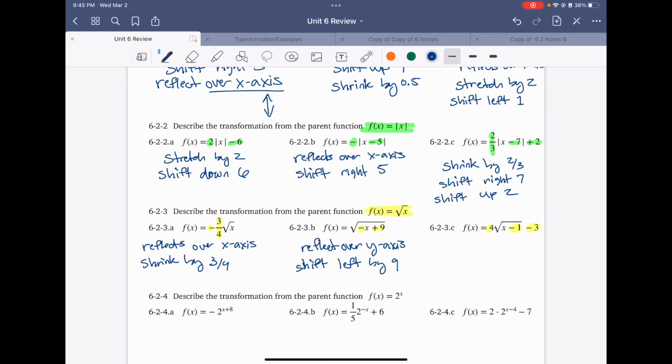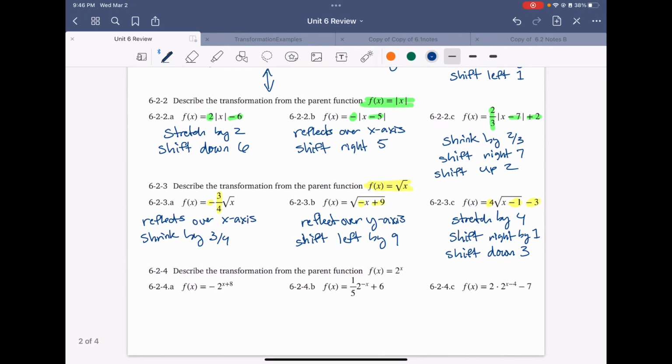So the 4 in front is going to stretch by 4. So again, it's bigger than 1, so it's going to stretch. The -1 inside the square root is going to shift left or right, and it's going to shift to the right by 1. And then the -3 outside is going to go up and down, so it's going to shift down 3.